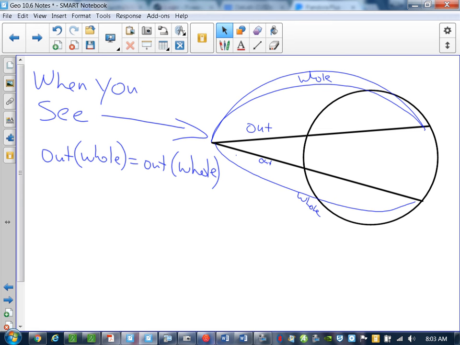This chunk times the whole thing is that other chunk times the whole thing. Notice, I'm not dealing with angles. I'm just worried about this.